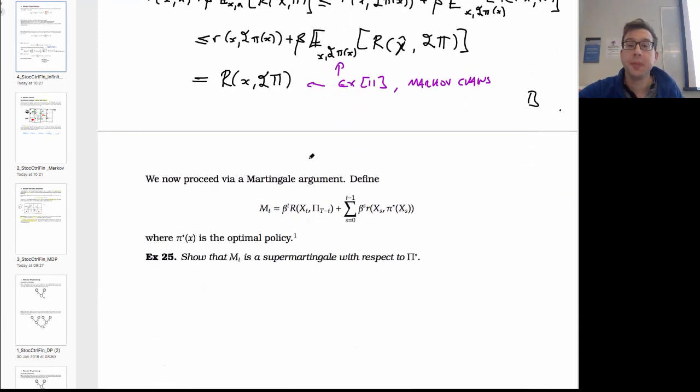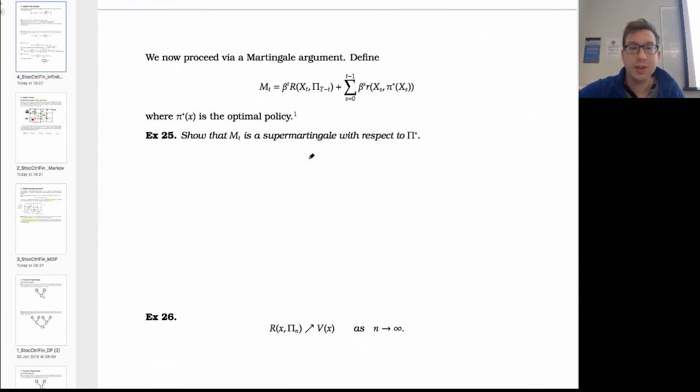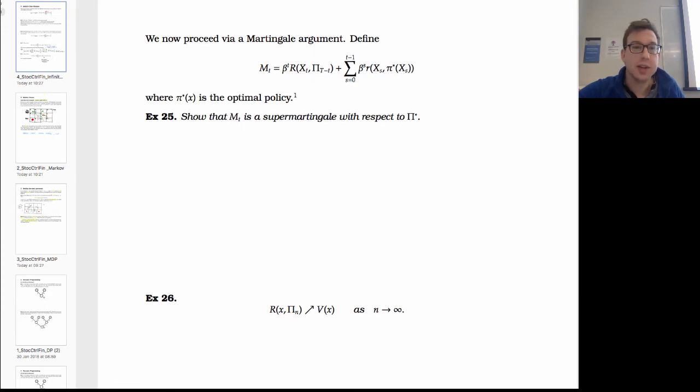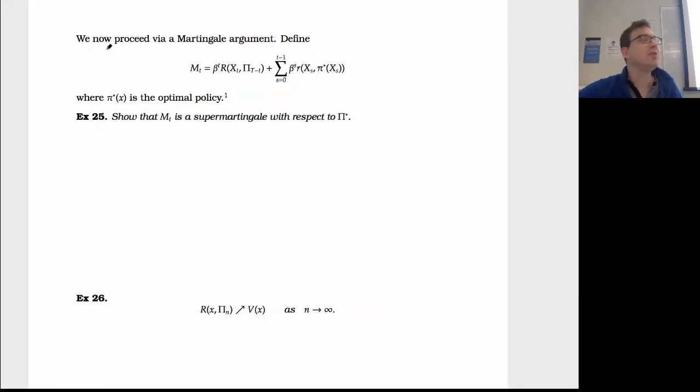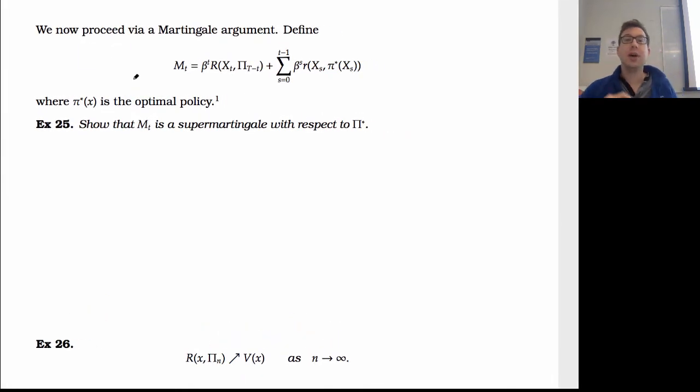One of the reasons I'm pleased to teach this course to you is because it is very useful to be teaching people who've done a course on martingales. So we're going to use a martingale type of argument to prove the last part.